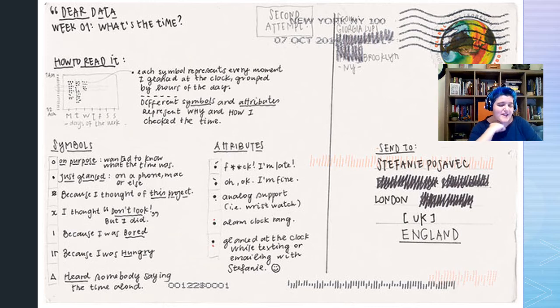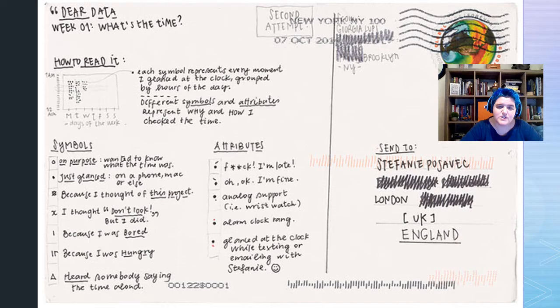Here now is our way to turn that data into information. Here are the symbols that go with that data visualization. So all of these are about time. Georgia was tracking all the times that she checked what time it was.